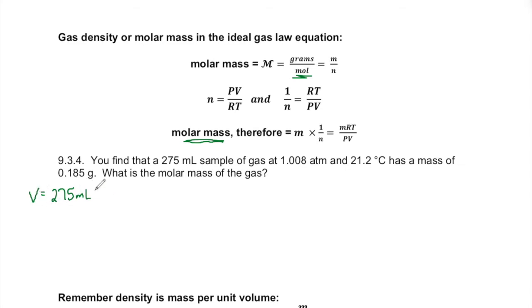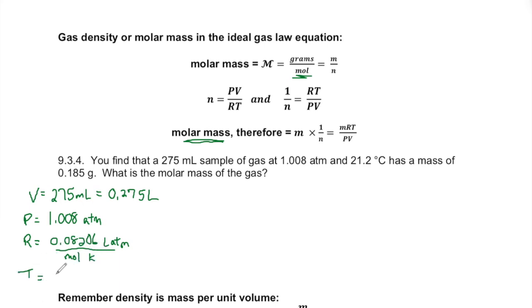The volume of the gas that we have is 275 milliliters. Since our value for R is in liters, I'll go ahead and convert that to liters. Our pressure is 1.008 atmospheres, so I can just use the R that is based on atmospheres, the 0.08206 liters atmospheres per mole Kelvin.